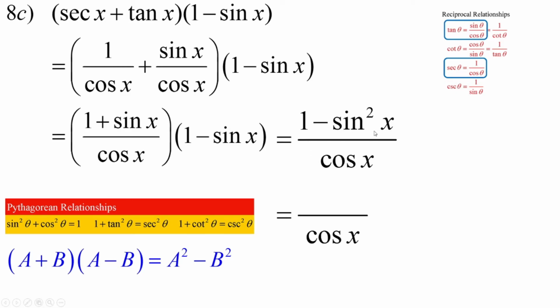So this numerator becomes cos squared of theta, and then I have common factors that cancel. So that's going to equal, well, cos squared over cosine would just be cosine of x. And another problem done. I love simplifying trigonometric expressions. It is great to be able to take something looking so complicated and make it look so simple. This is really important stuff.